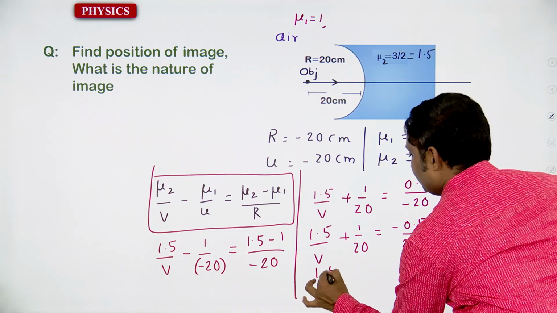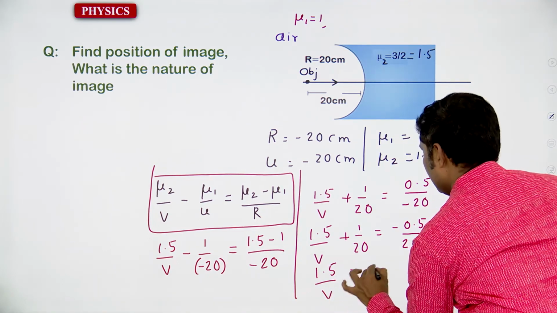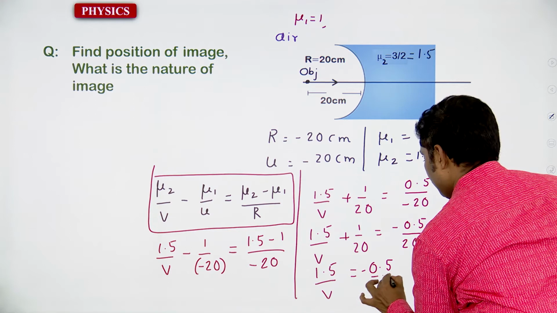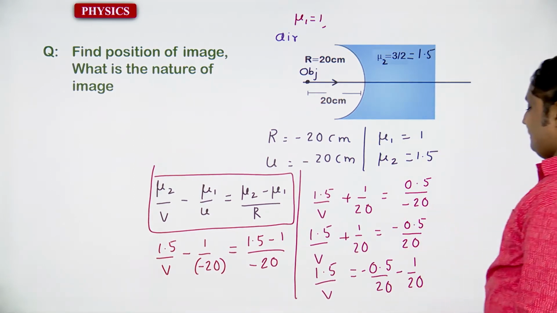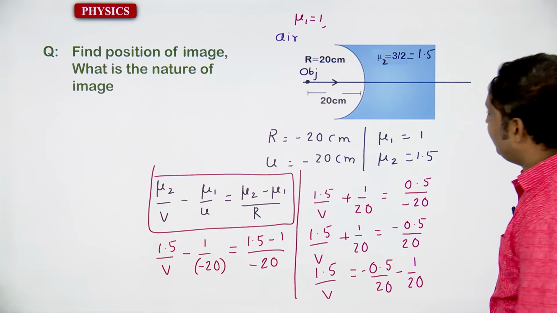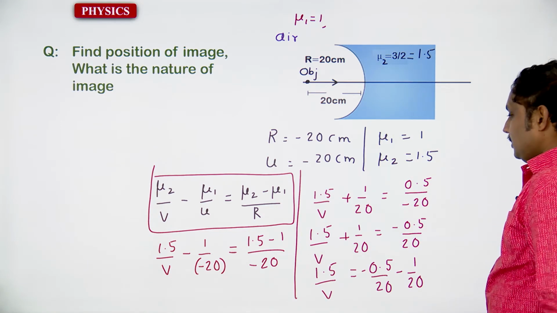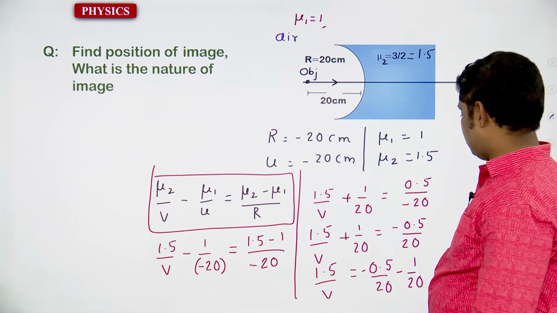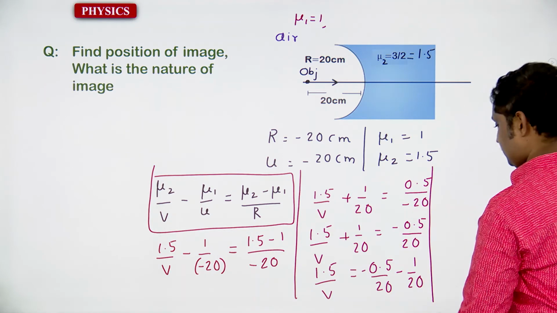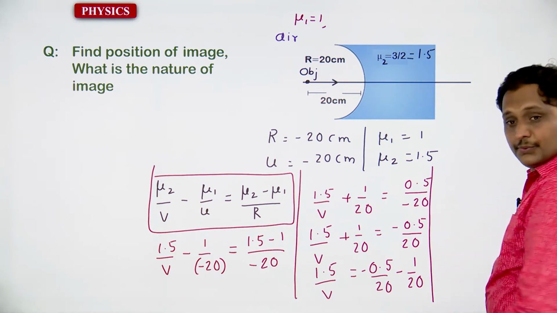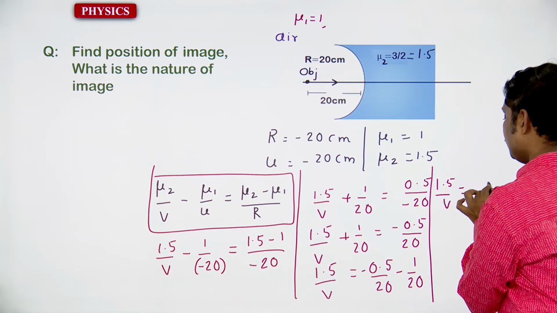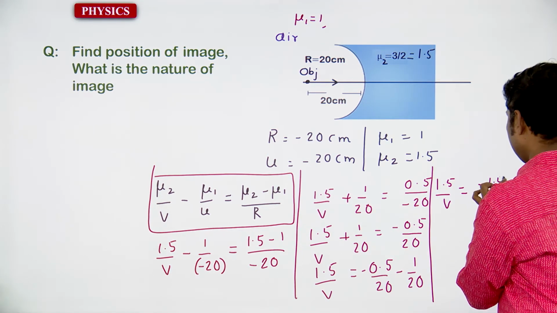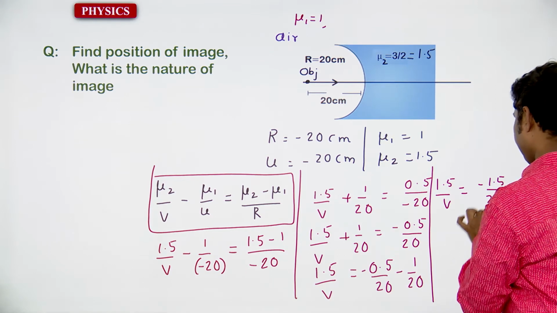So 1.5 by v is equal to minus 0.5 by 20 minus 1 by 20. You can write here 1.5 by v is equal to minus 1.5 by 20.